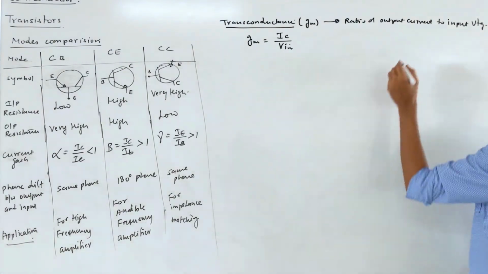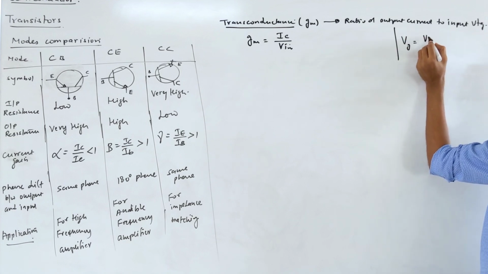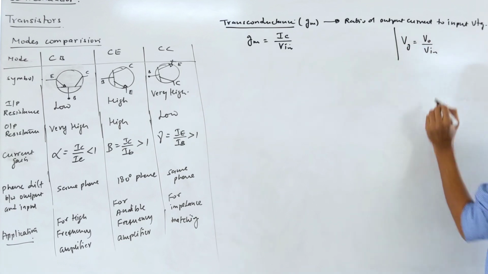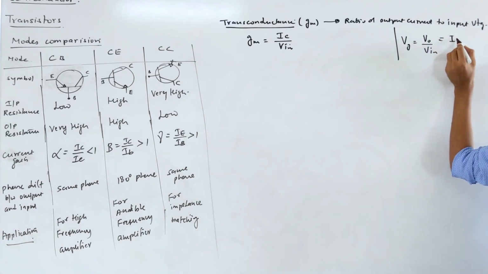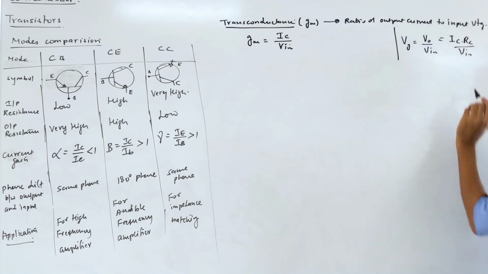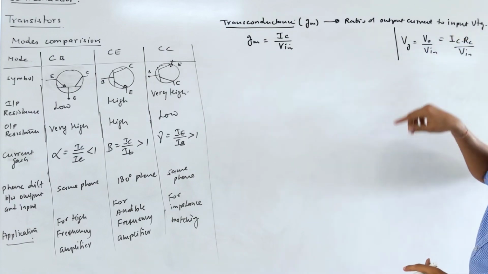This is the main definition, but watch carefully how it relates to the voltage gain formula. What is voltage gain? Let's write Vg. It is Vout by Vin, correct. And Vout is output current times output resistance, IC RC, by Vin. So IC by Vin is called your transconductance.